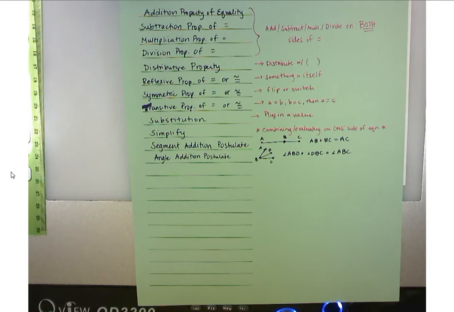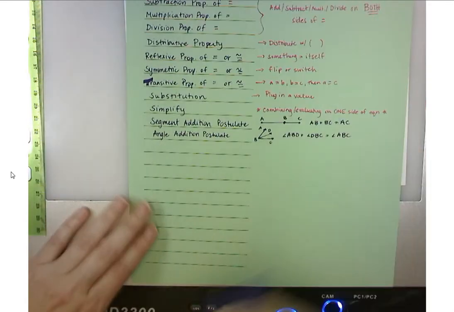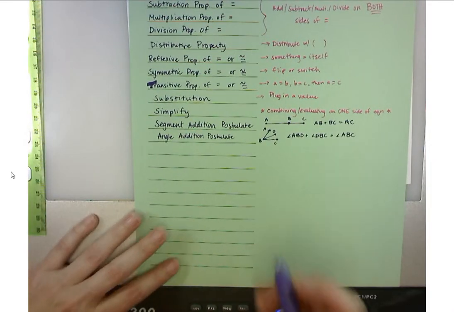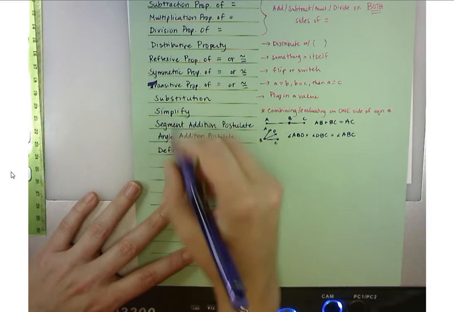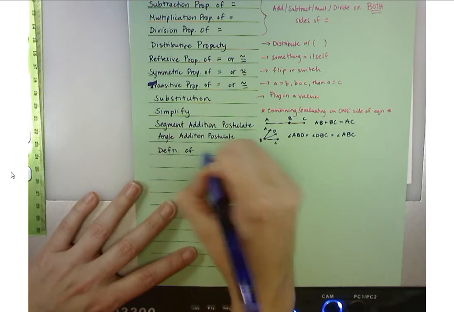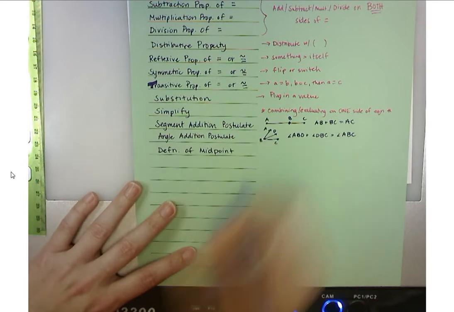Okay, there are a couple of other things that you guys already mentioned. You did mention the midpoint. The definition of the midpoint is something we are going to put down. So we'd say definition of the midpoint.